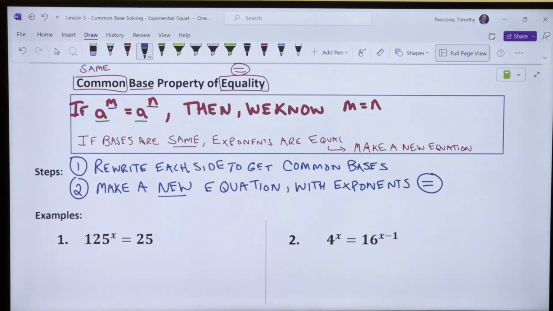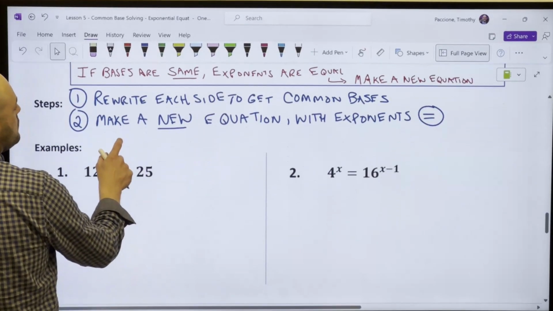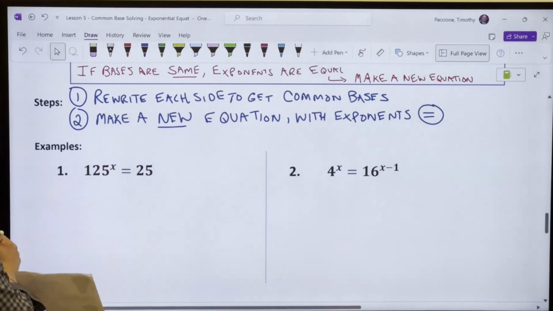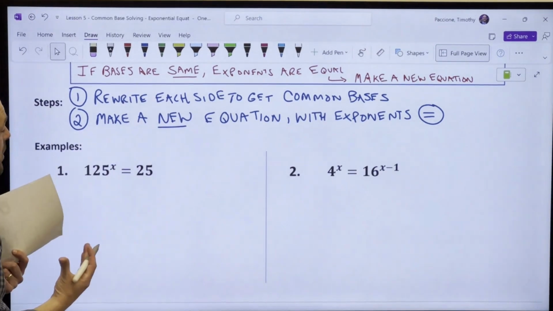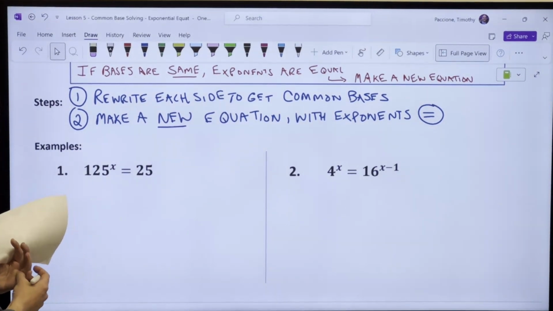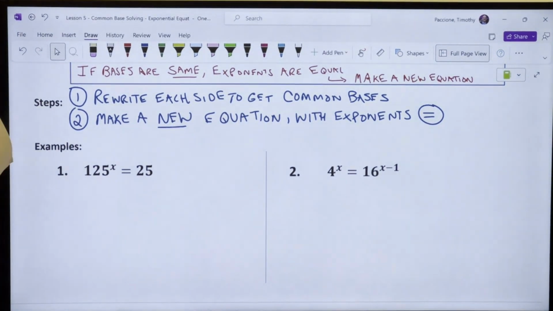Okay? So we'll look at some examples. I'll give you your thought process here, and you don't necessarily have to do the parentheses I'm about to show you, but I'm going to show you what you're doing here.